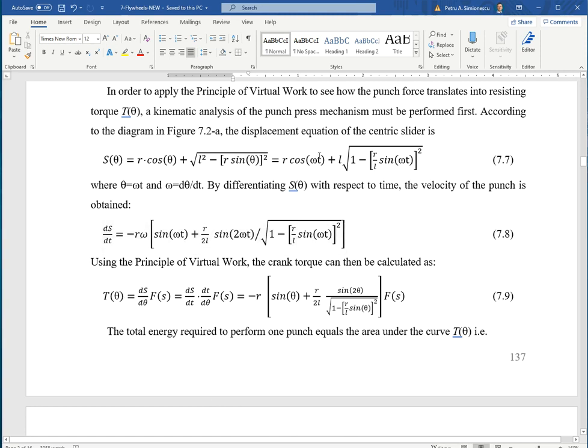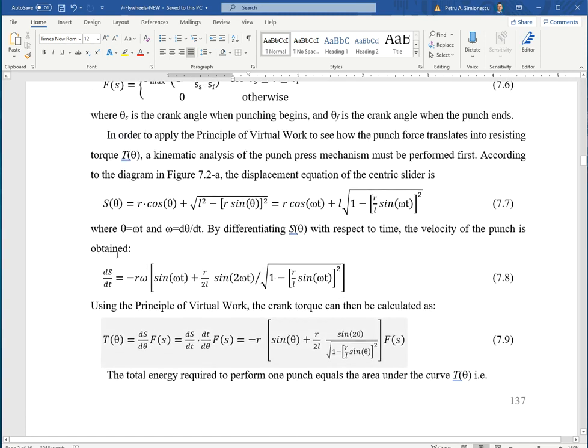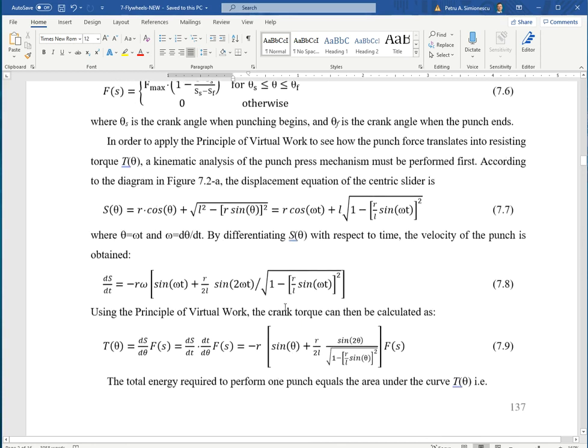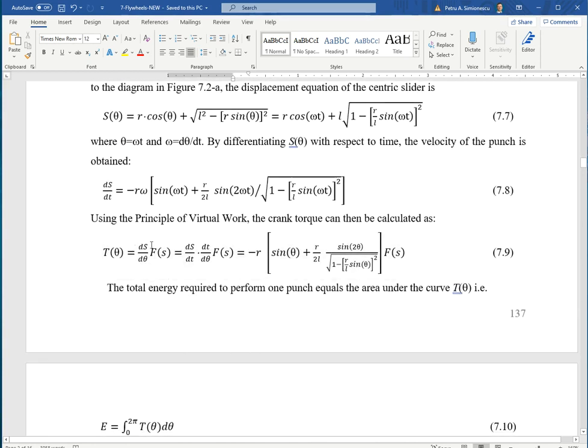So ds, it's not here, but we know this from before. So ds times F is going to be d theta times torque, the resisting torque of the crankshaft. The input torque is that constant torque coming from the electric motor.